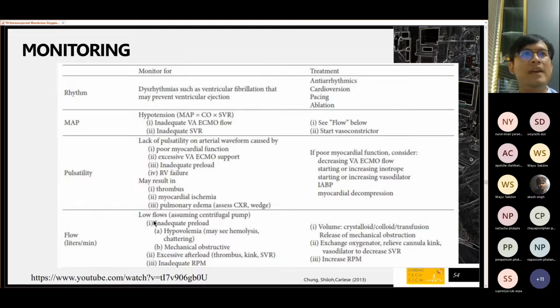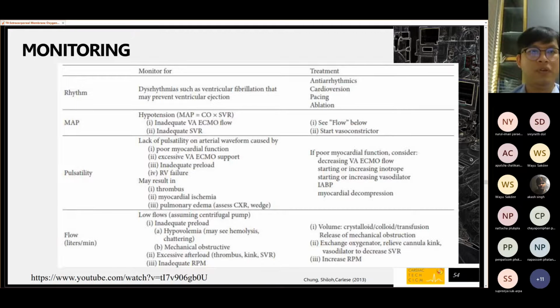So here is the low flow condition that I'm going to show you on YouTube. Our flow relates to the circuit components, right? The drainage and the output relate to the flow. So if the drainage is quite poor, it will affect the output also.